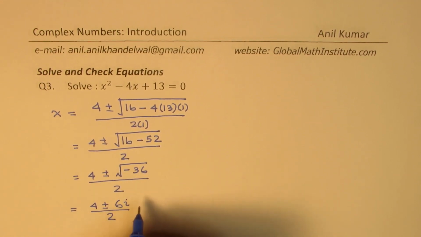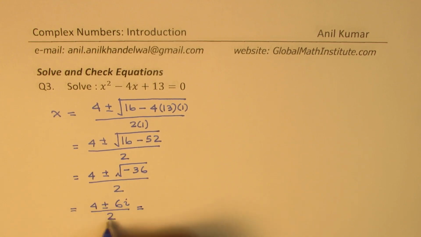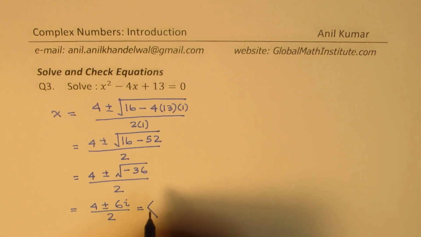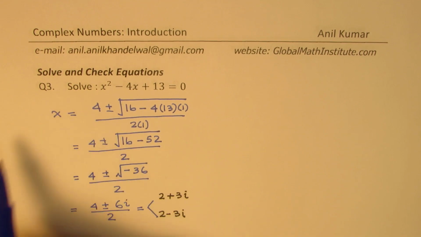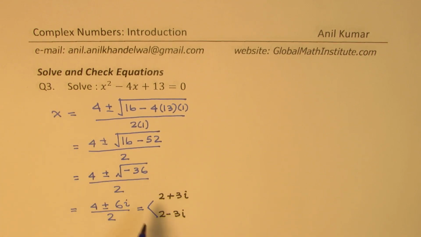And that gives you two answers, which you can write here, dividing by 2, as 2 plus 3i, and the other one is 2 minus 3i. Now whenever you get a solution of complex roots, you'll find they are in conjugate pairs, right?